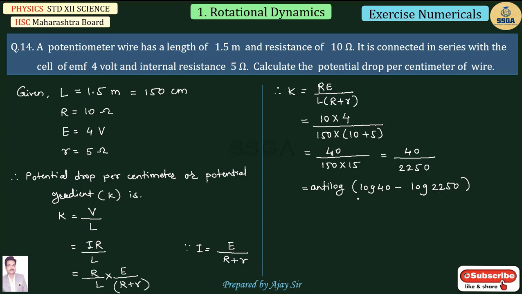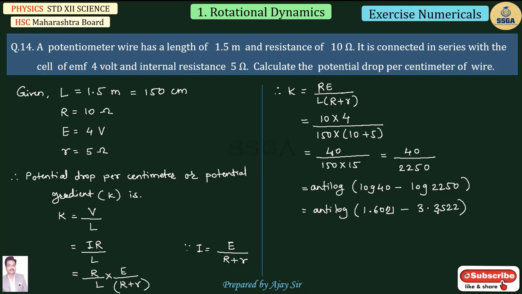Now the logs: for 40 it is 1.6021 using the log table, and for 2250 it is 3.3522, found using the logarithmic table.